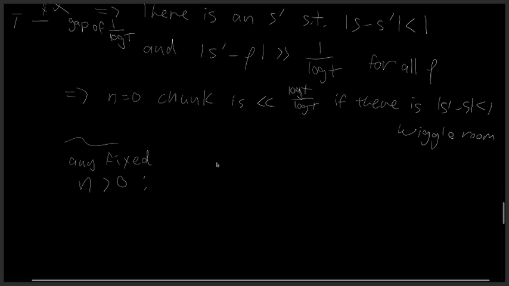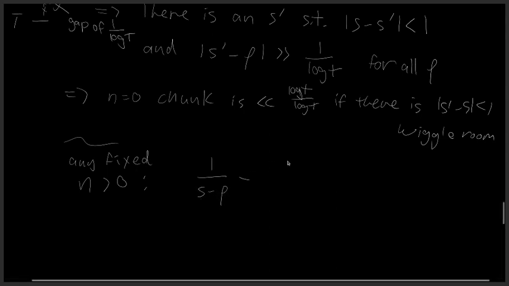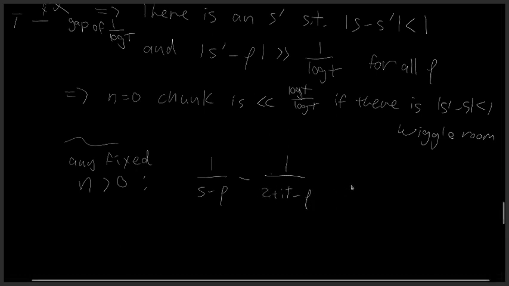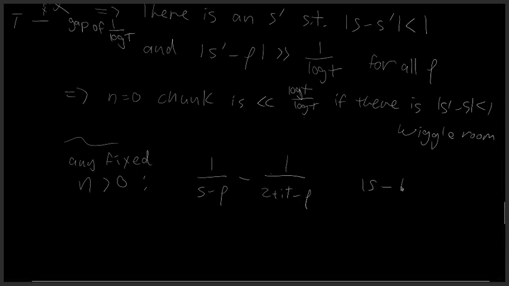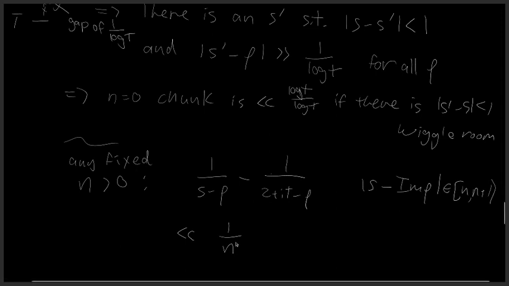We can look at this difference 1 over s minus rho minus 1 over 2 plus it minus rho. And again, remember our n is such that s minus the imaginary part of rho is in this interval between n and n plus 1. And it's a straightforward calculation to show that this difference is bounded by some constant times 1 over n squared.